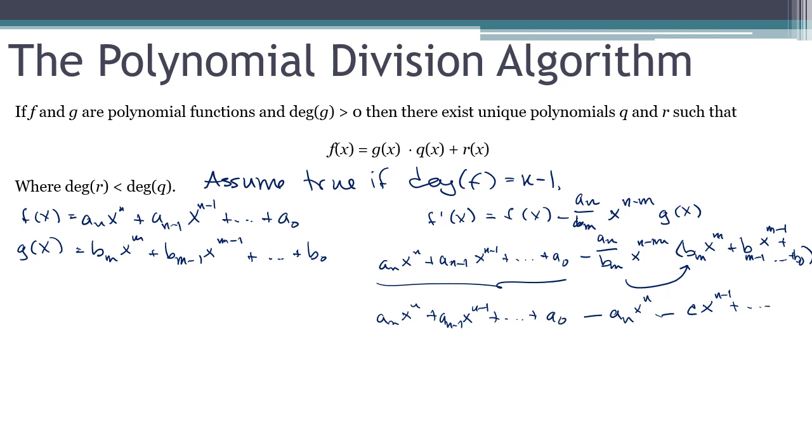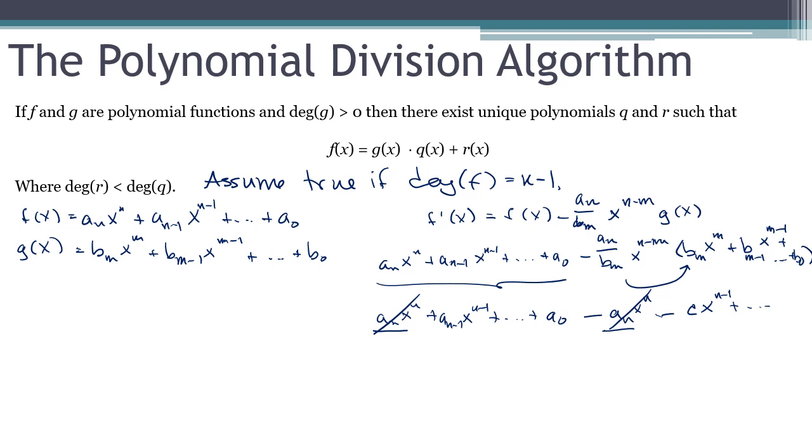Now look at what happens. I have a sub n x to the n minus a sub n x to the n. These x to the n terms go away. And all that's left is a polynomial whose biggest exponent is n minus 1. That's what I needed you to see. The degree of f prime is n minus 1.